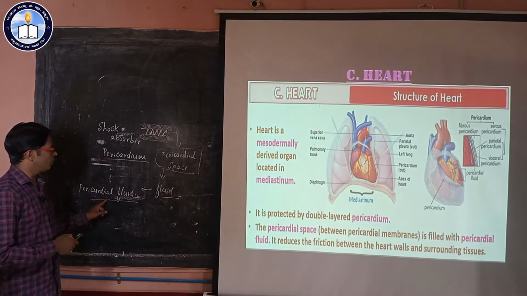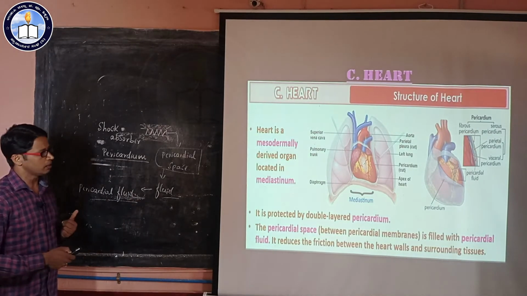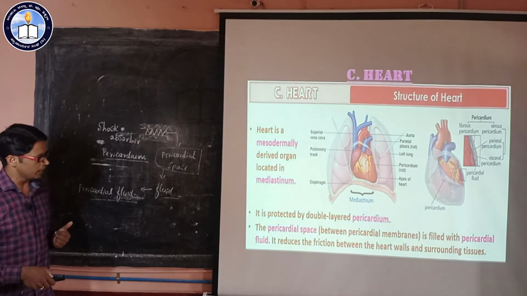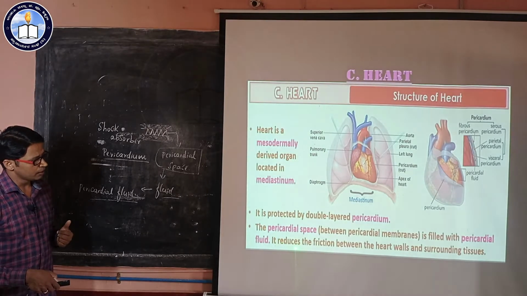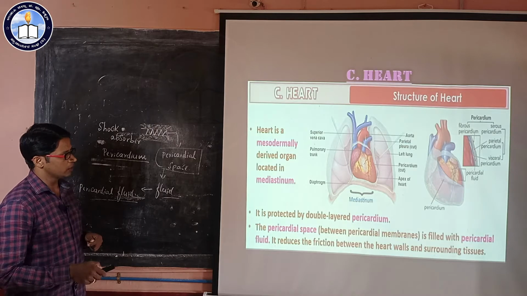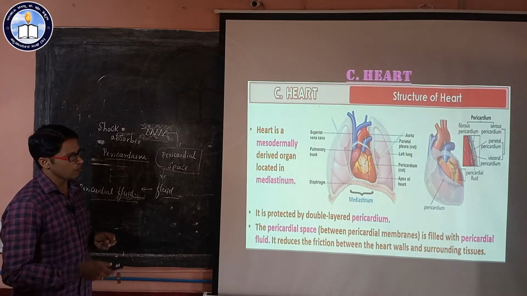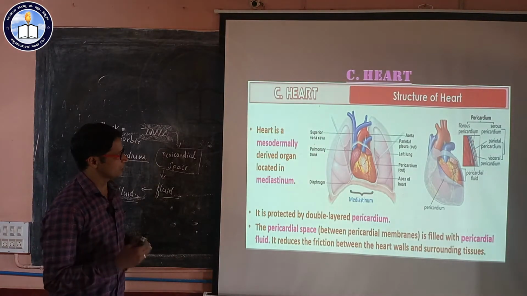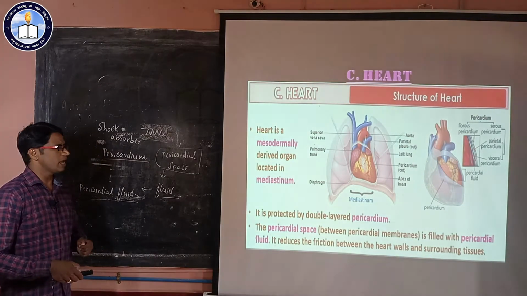The pericardial fluid reduces the friction between the heart wall and the surrounding tissue. There should be no friction between the heart wall and its surrounding tissue. If friction occurs, it may lead to damage to the heart as well as the surrounding tissue, and the heart wall may also be damaged.